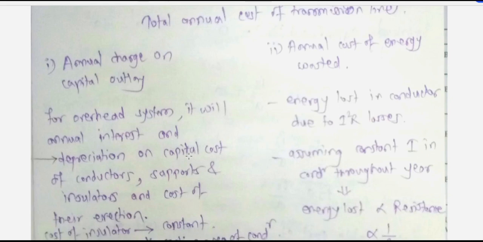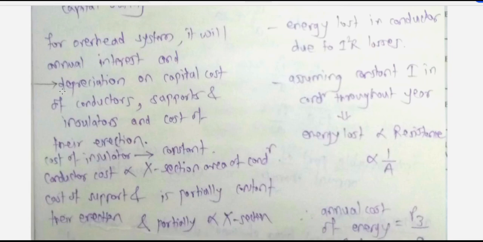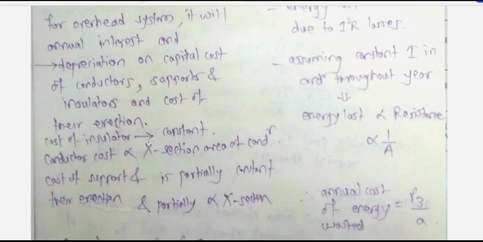The total annual cost depends on the annual charge on capital outlay and the annual cost of energy wasted. For the annual charge on capital outlay, for the overhead system it will be the annual interest and depreciation on the capital cost of the conductors, supports and insulators and the cost of their erection. Let's say the cost of insulator is a constant.